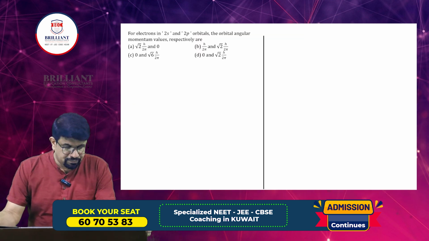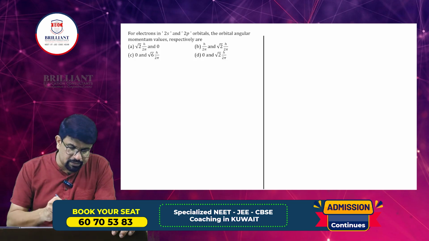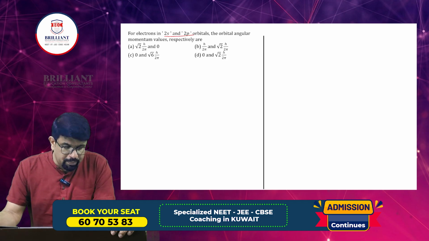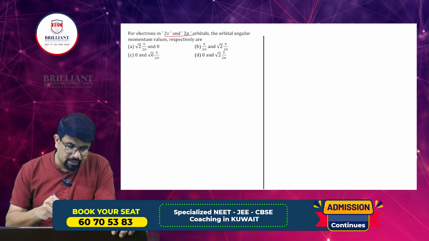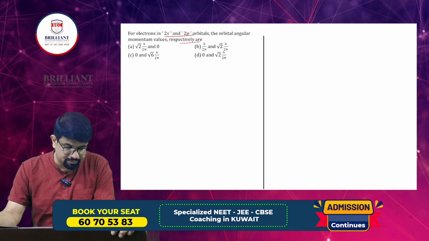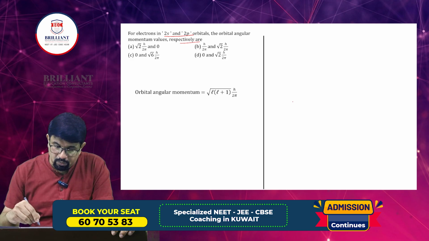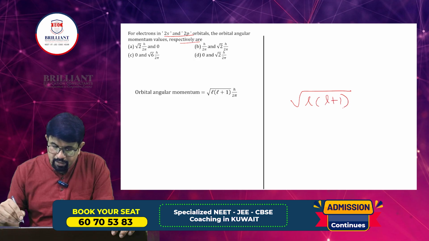Next question. For an electron in 2s and 2p orbitals, the orbital angular momentum values respectively are. What is orbital angular momentum? We know the equation for orbital angular momentum: root of L into L plus 1 into h by 2 pi, right?